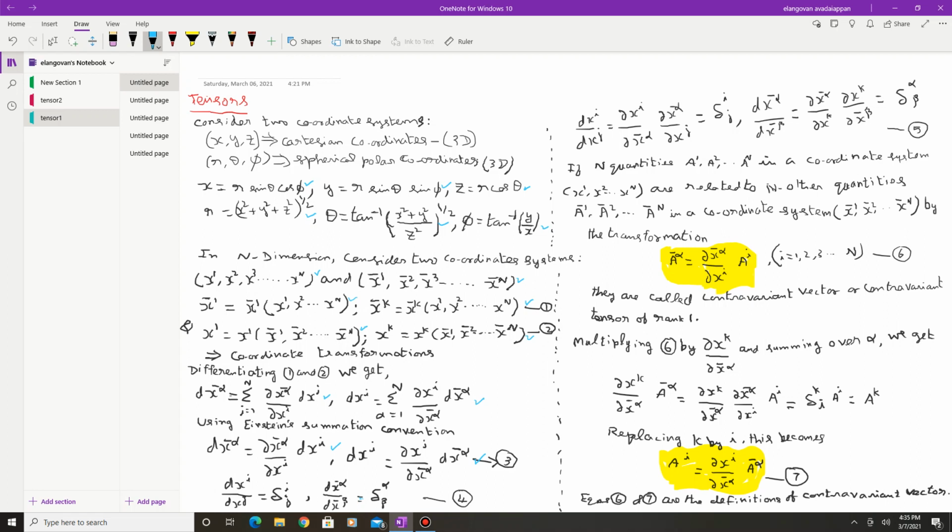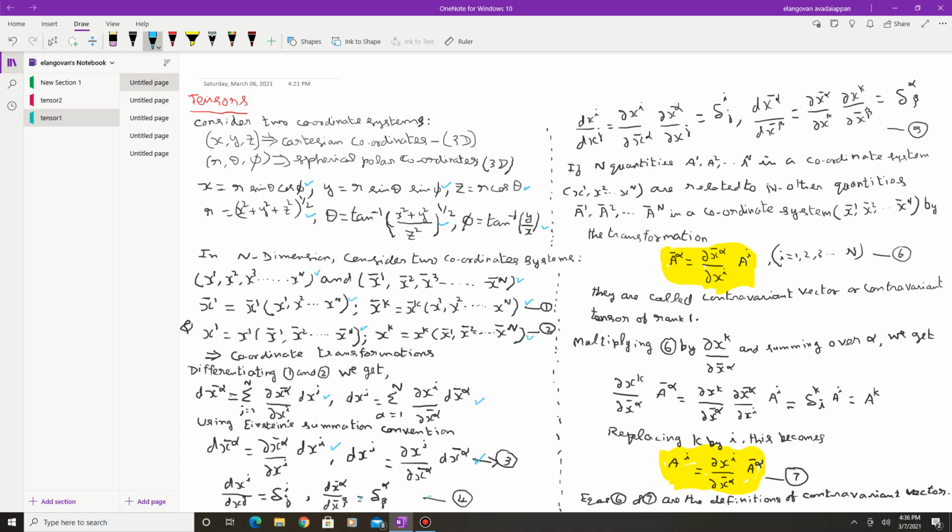Now let us find dxi by dxj. You know dxi, and similarly you find dxj, and you divide dxi by dxj. Here, when i is equal to j, it is 1.